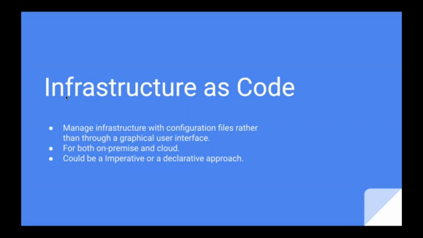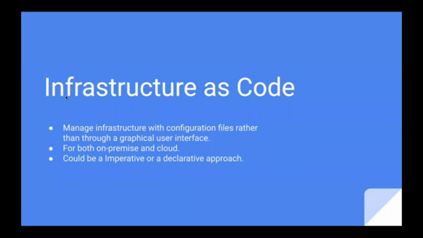One is imperative and one is declarative. The imperative approach is when we provide step-by-step configuration details for an infrastructure. In the imperative approach, we have to define every step of infrastructure development and management in a workflow order.